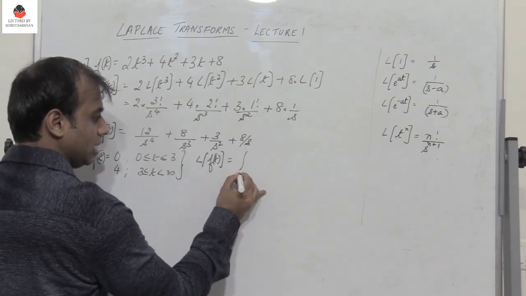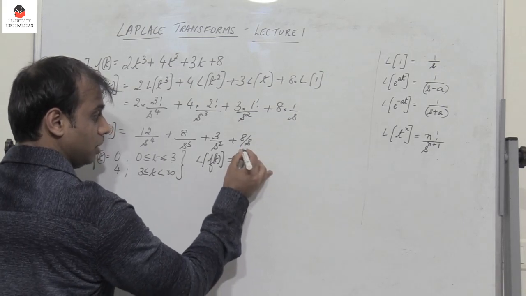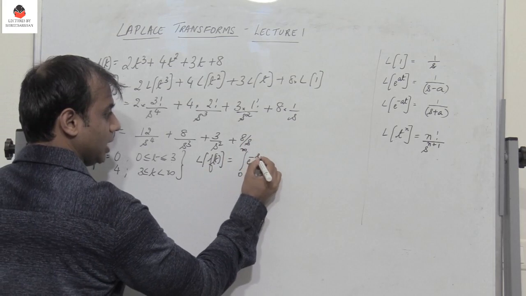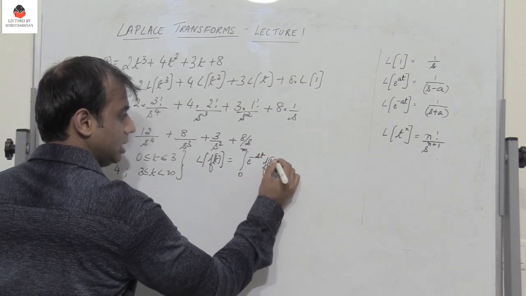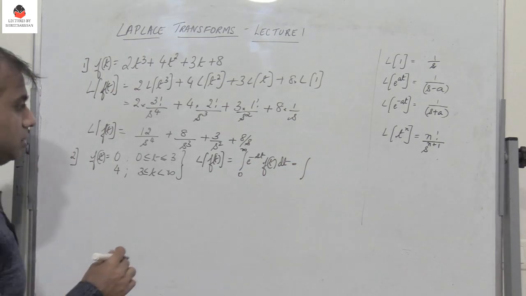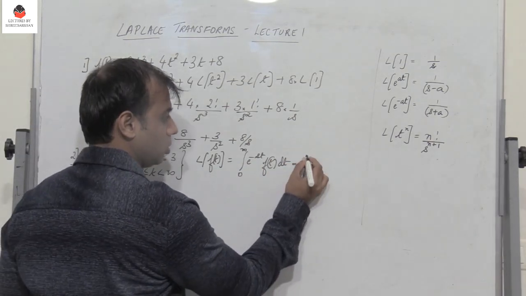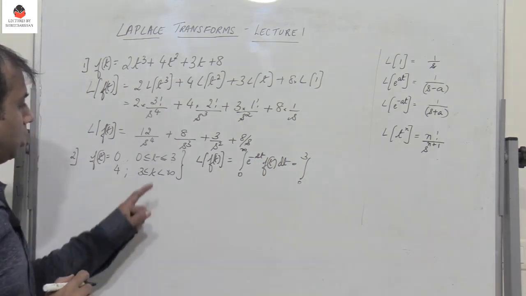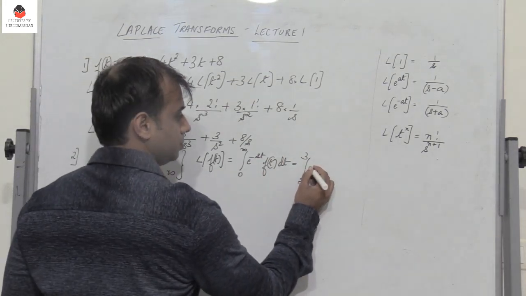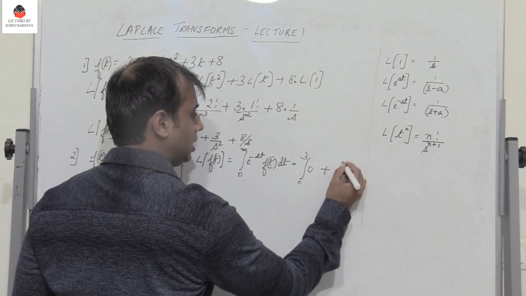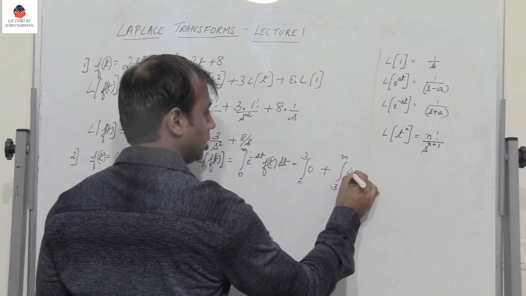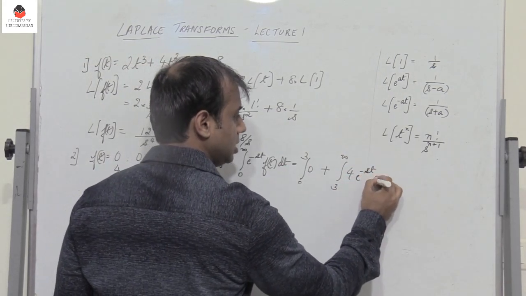So you actually have the Laplace transform, which is the integral from 0 to infinity of e power minus st f of t dt. So I'm going to split the integral within the limits 0 to 3. As t varies from 0 to 3, f of t is 0, so it is 0 plus, from 3 to infinity, what is f of t? It is 4. So it is 4 e power minus st dt.